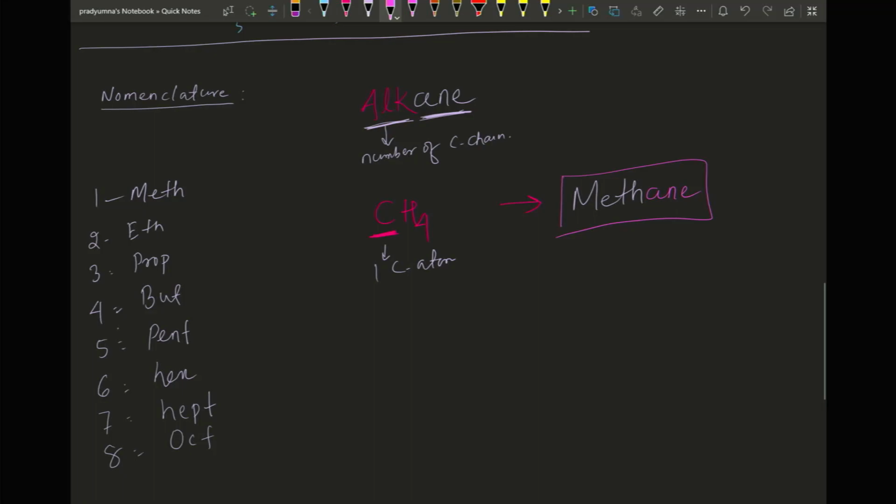So let's say another one, CH3, CH3. What should be the name of this one? We have 1 and 2 carbon atoms. So 2 is eth, and then we end with ane, ethane, however you pronounce it.